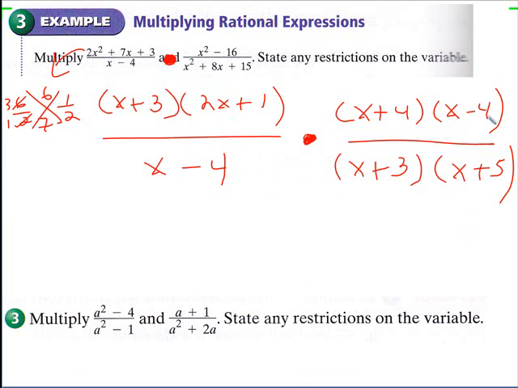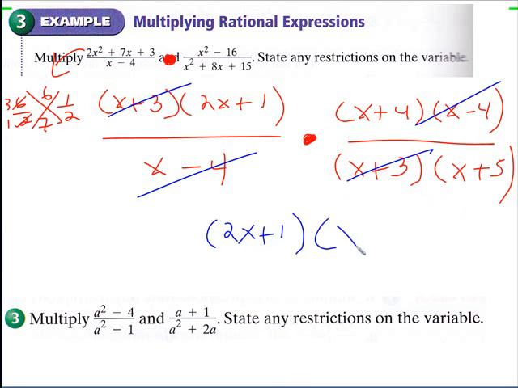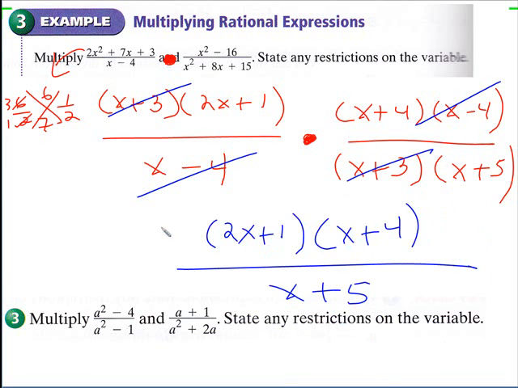So it looks like x minus 4 and x minus 4 are the same. X plus 3, those are the same. So we are left with 2x plus 1 on top, x plus 4, and on the bottom we're left with an x plus 5. So this will be your final answer right here.